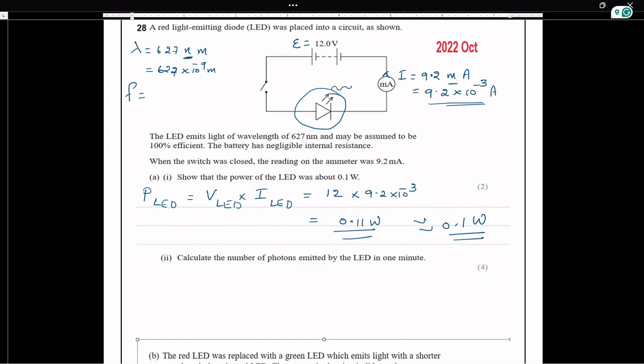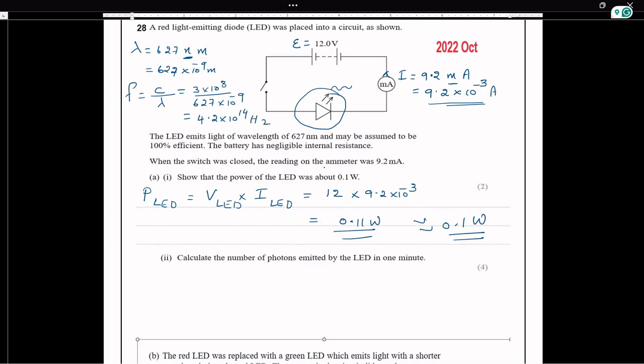We know the wave equation for light, for any wave, the product of frequency and lambda is the speed of light or speed of the wave. So we are making use of that equation: speed of light is 3 times 10 to the power of 8 over 627 times 10 to the power of -9. On calculation, we are getting an answer of 4.8 times 10 to the power of 14 hertz.